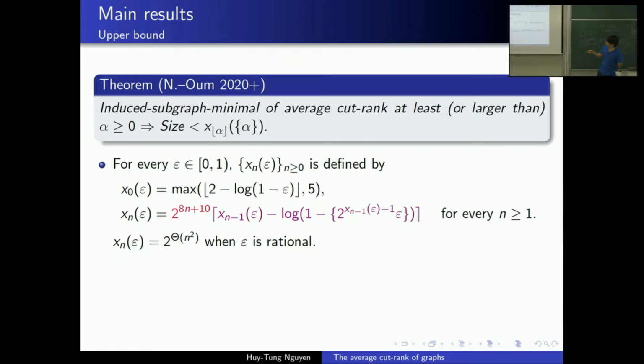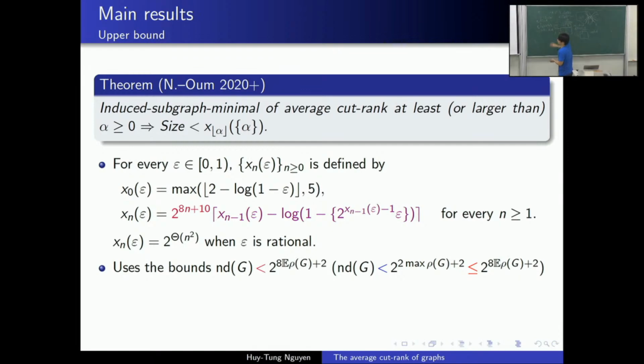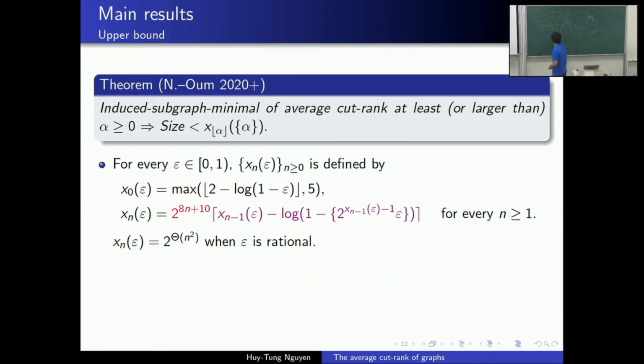But when epsilon is irrational, then maybe it really is intimidating. And this comes from the equidistribution property of the sequence.